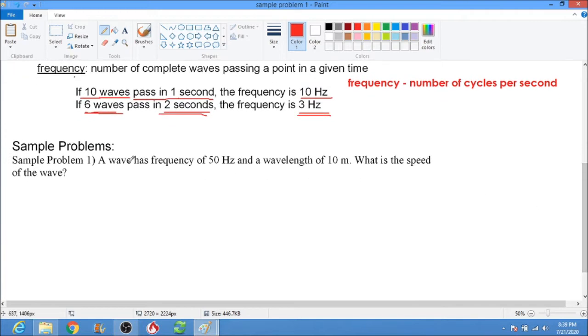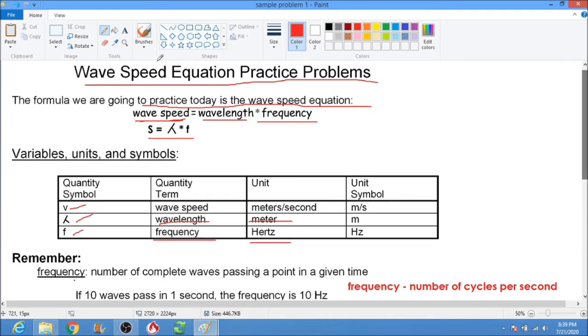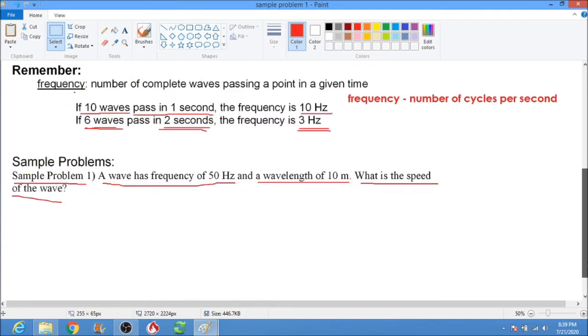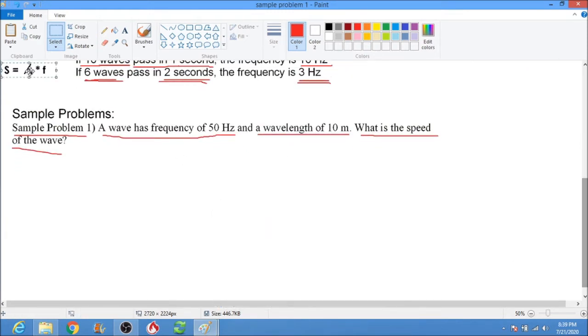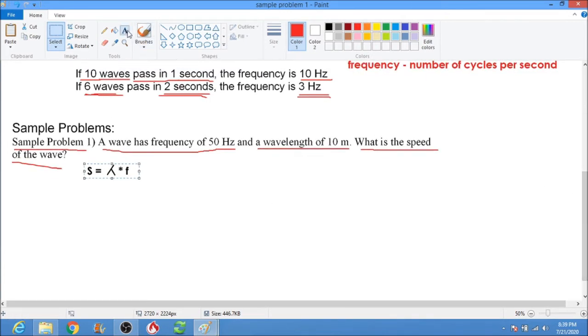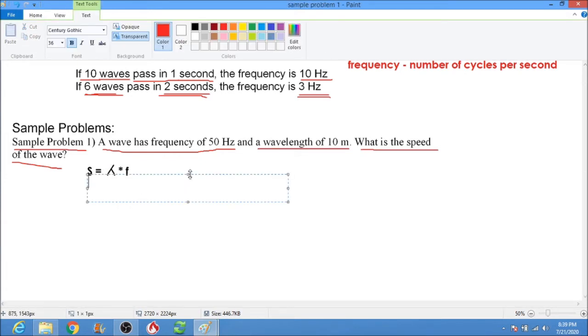Sample problems. Sample number 1: a wave has a frequency of 50 hertz and a wavelength of 10 meters. What is the speed of the wave? We have our formula, so let's copy and paste it: v = λ × f.